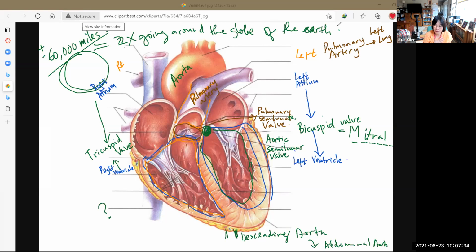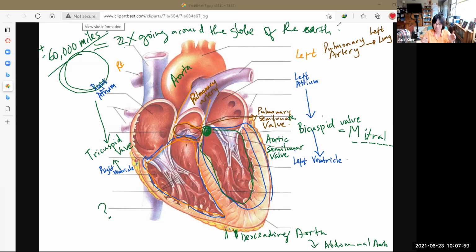Amazing. But wait, there's more. That is beyond comprehension. Out of these 60,000 miles, they are moving all the time, every 0.8 second. One cycle of the cardiac cycle is every 0.8 second, as you will learn later.